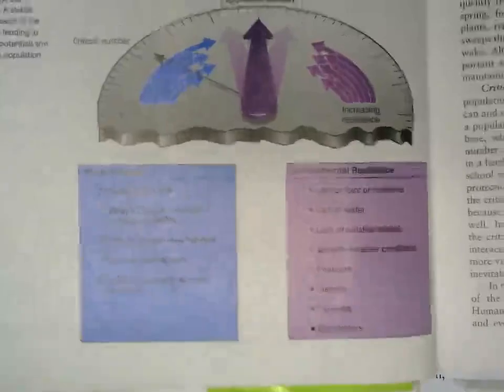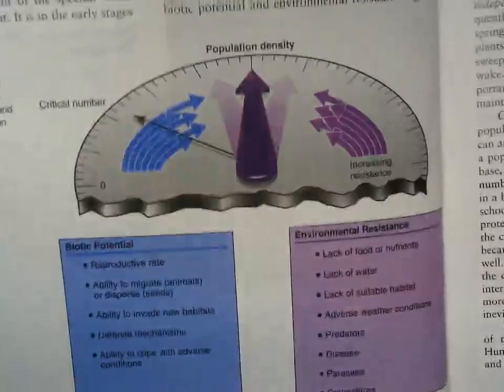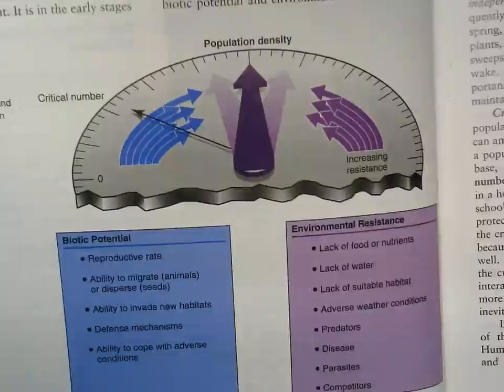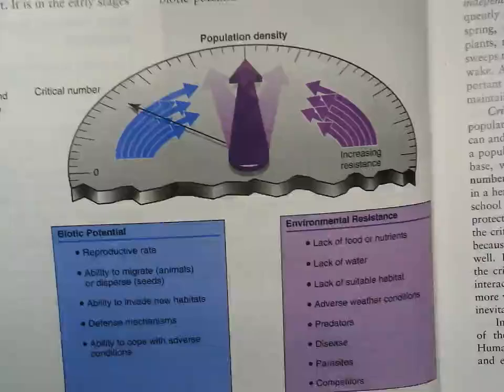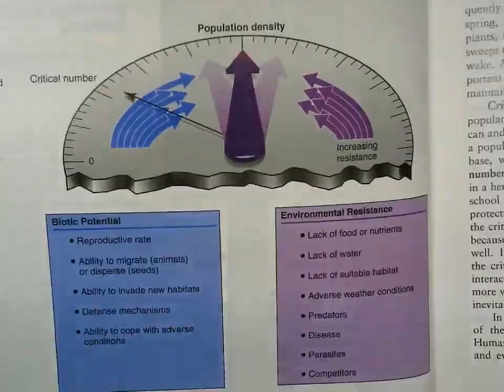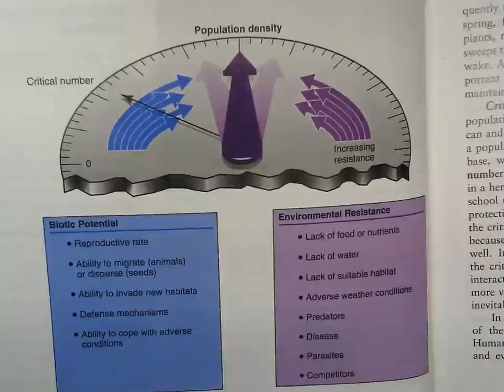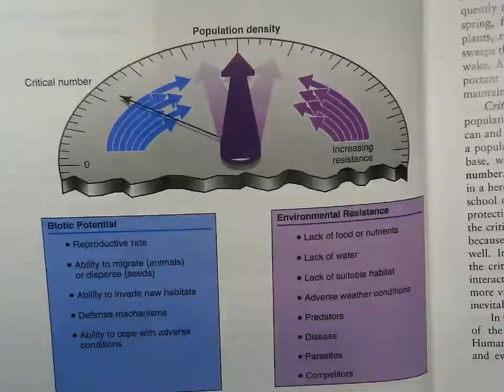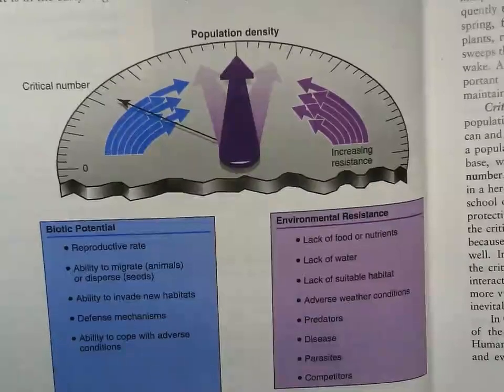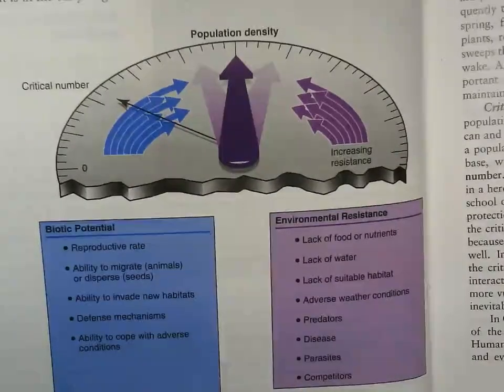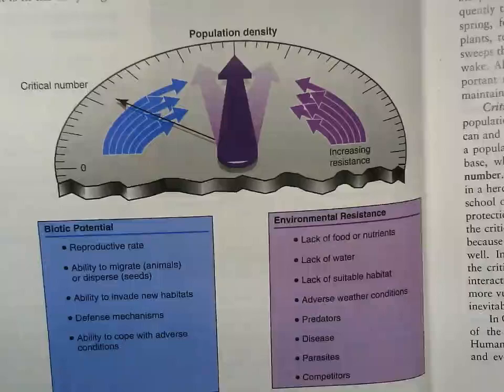Okay? And what these two categories do is they sort of push against each other. And in your book on page 84, there's a diagram here of the population. Basically they're showing the population as this arrow. Things that are biotic potential increase the population, so that pushes the population higher.